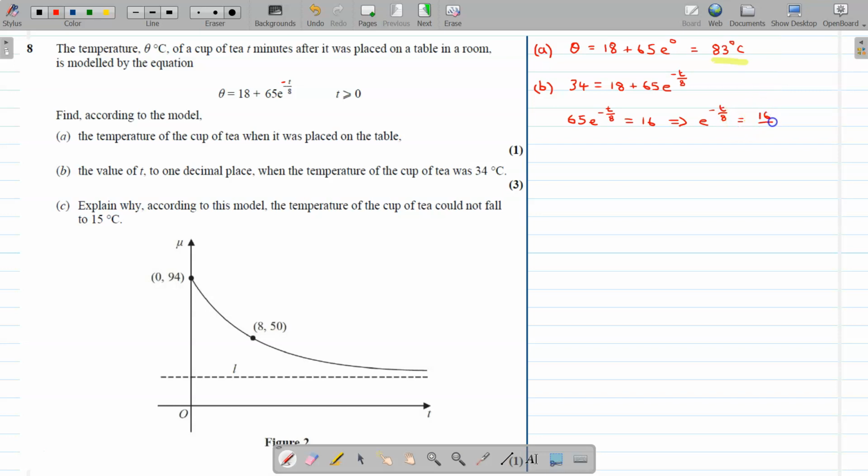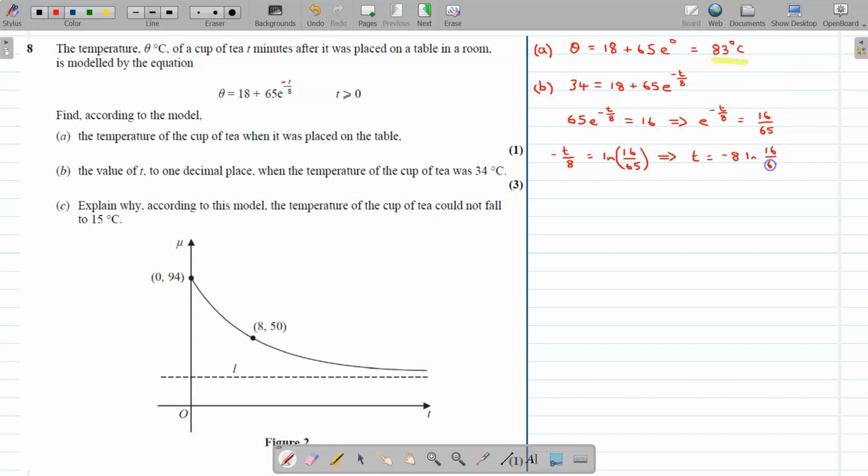Then if we take natural logarithms of both sides, we get minus t over 8 equals the natural logarithm of 16 over 65, and therefore we just need to times by negative 8 to get t. So t equals negative 8 times the natural logarithm of 16 over 65.